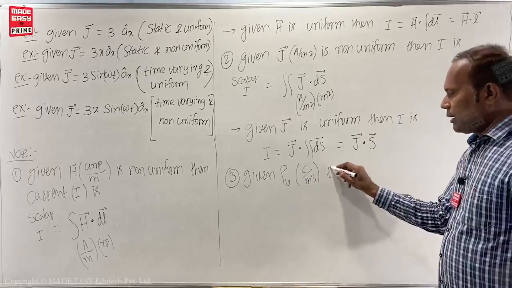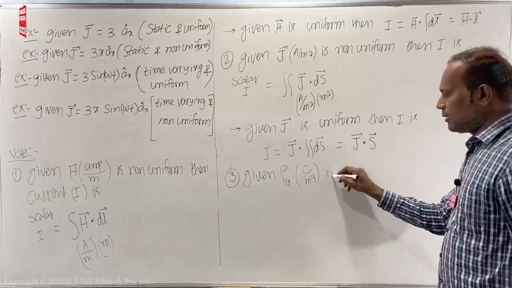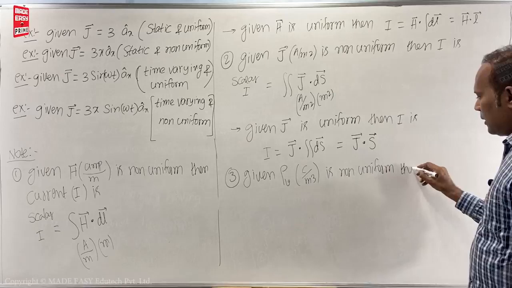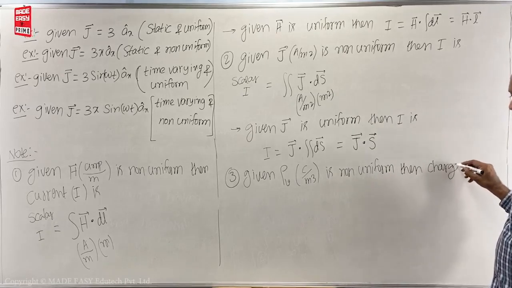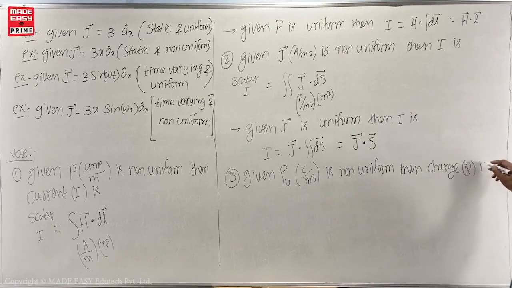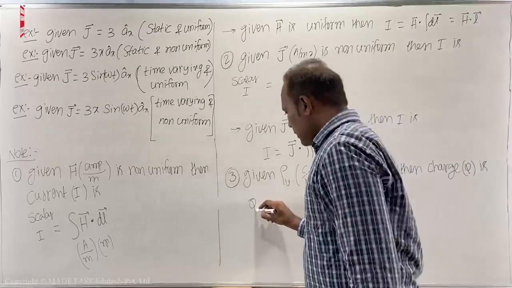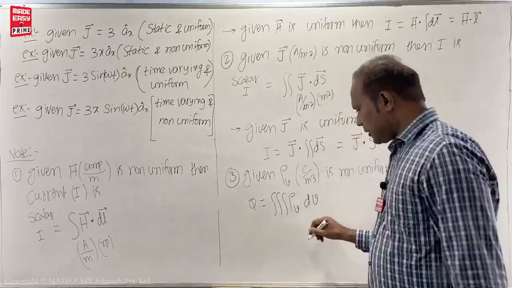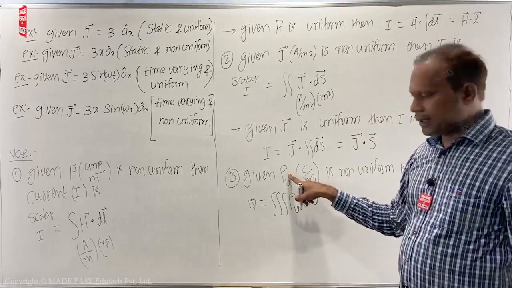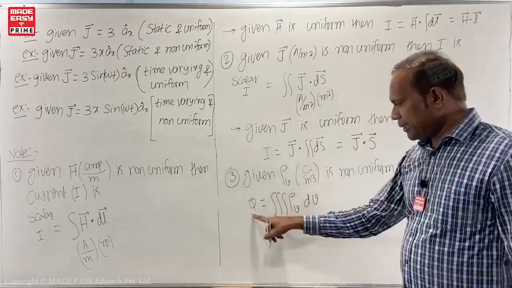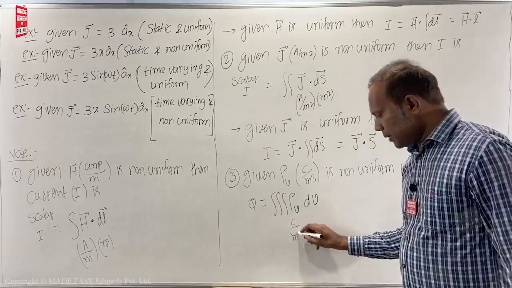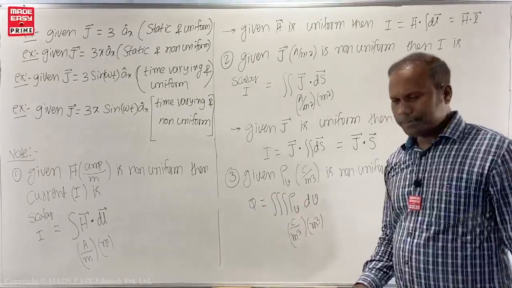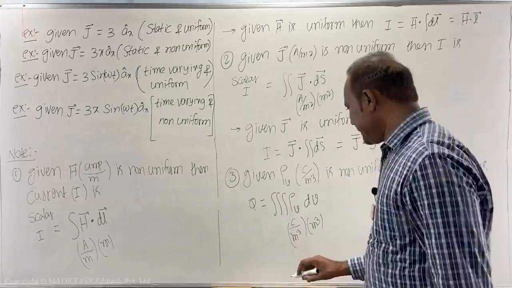Given rho v is non-uniform, then charge, symbol is q, q is equal to integral rho v dv, because this is scalar, it does not have direction, so scalar into scalar is scalar. And rho v unit is coulomb per meter cube, dv is meter cube, so meter cube cancels and you get coulomb, like this.